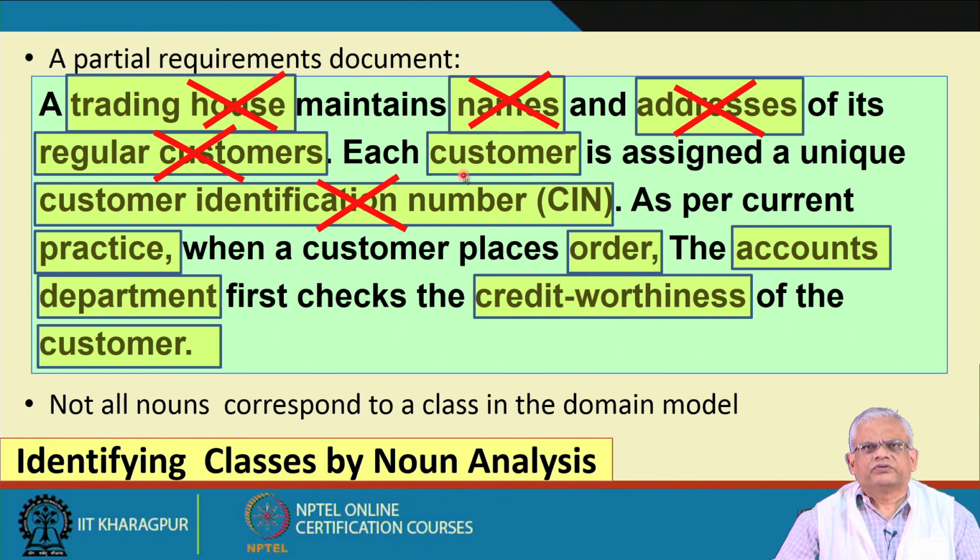It should be an attribute of the customer. Similarly, practice is the noun form of a verb, so we should eliminate it. Order, okay, yes, it is a noun, we can associate data and methods with it, and therefore, we should have this as an entity object.